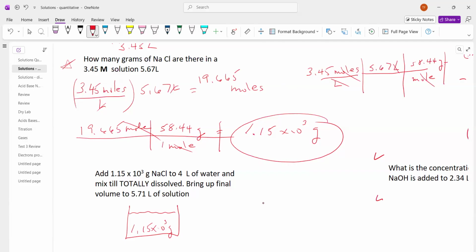Those are very accurate ways of determining volume for a water solution. Okay, so we put all the sodium chloride in the bottom there and we fill it with water. How much water do we put in? Why don't we put in 5.67 liters? I mean, doesn't that save us a step?